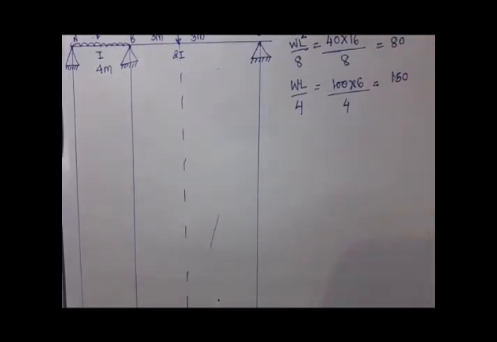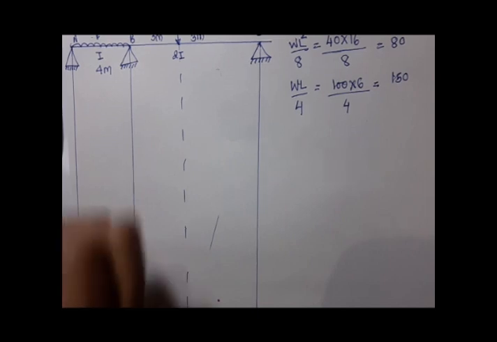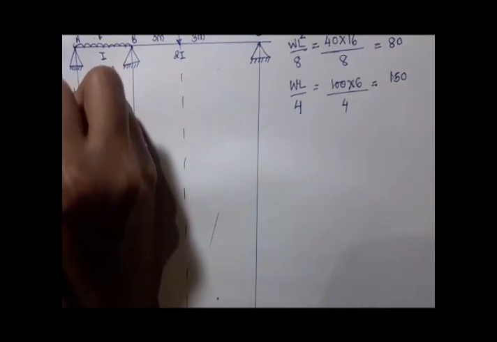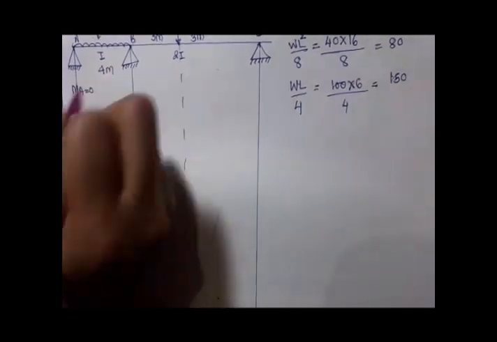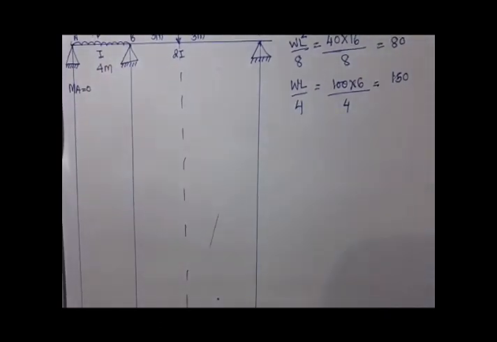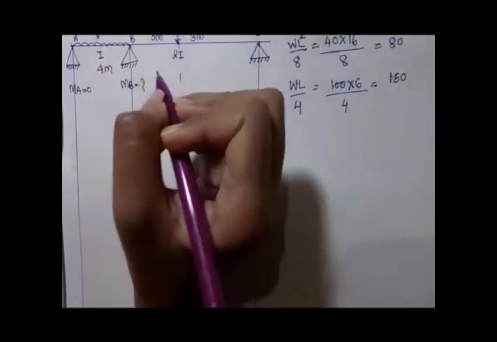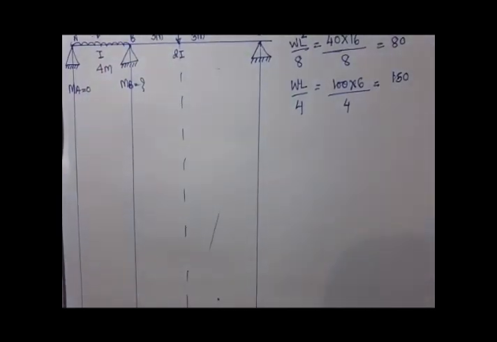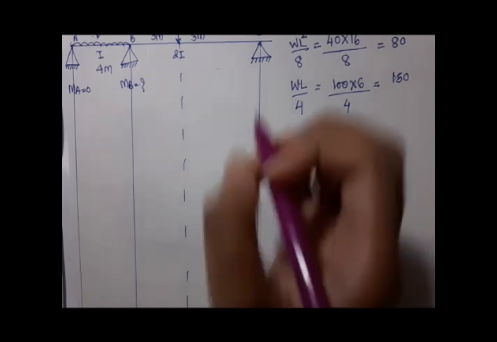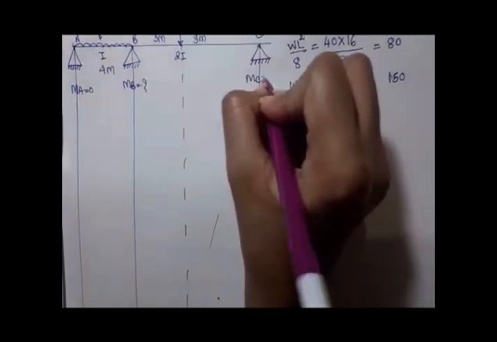Now the number of unknowns, how to find the number of unknowns. So here first of all we would be getting MA equals to 0. Why? The reason behind that is there are no supports prior to the A support, therefore it will be 0. Here MB will be unknown, that is there is some value of MB because prior to and after B support there is a support, and MC would be 0.